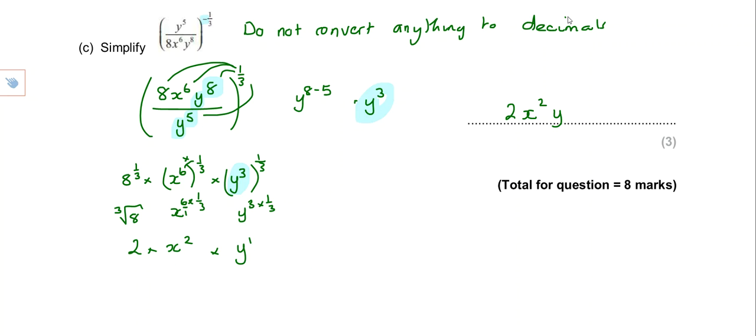You might end up, so for instance, I could change that a bit so it was over 3, but I would still not change that to a decimal. If the question was completely different, I would leave it as 2/3. I wouldn't change it to 0.66. Never change things. Don't change the power of a third to the power of 0.3333.